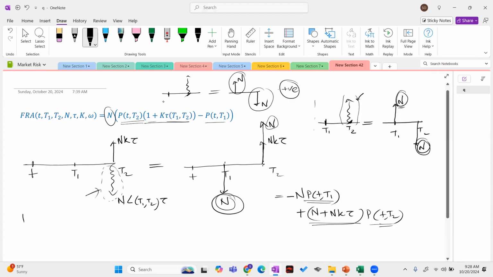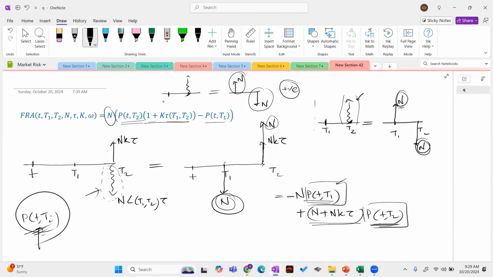You need to find out all these P(t, Ti), the assembly of zero coupon bond prices, because these will be used left, right, and center in all of the derivative pricing. So you need to have the discount factors handy with you. Once you already have this, pricing an FRA is a cakewalk. You just need to cherry pick two discount factors from the list, plug them in, and then you have the valuation.